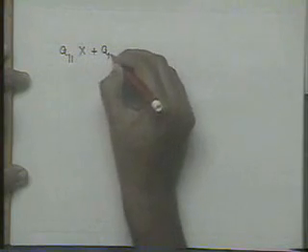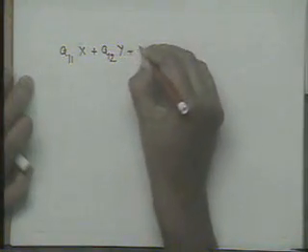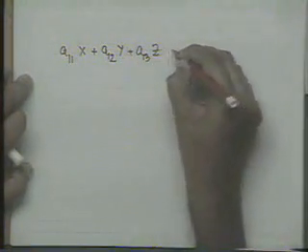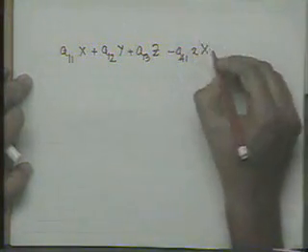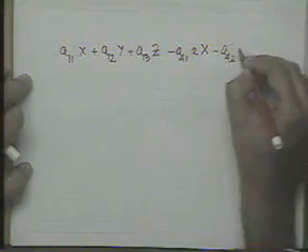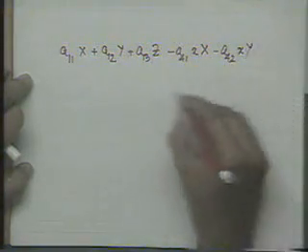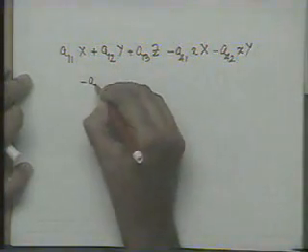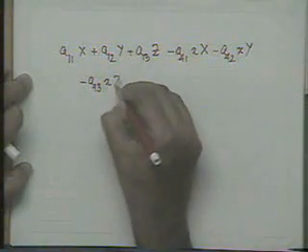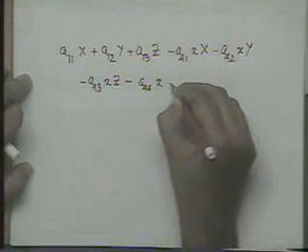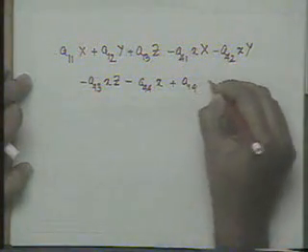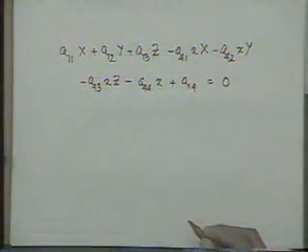We get A11x plus A12y plus A13z minus A41x capital X minus A42x capital Y minus A43x capital Z minus A44x plus A14 equal to 0.